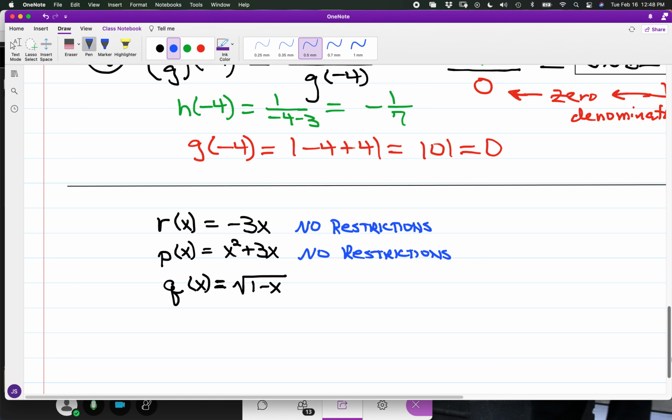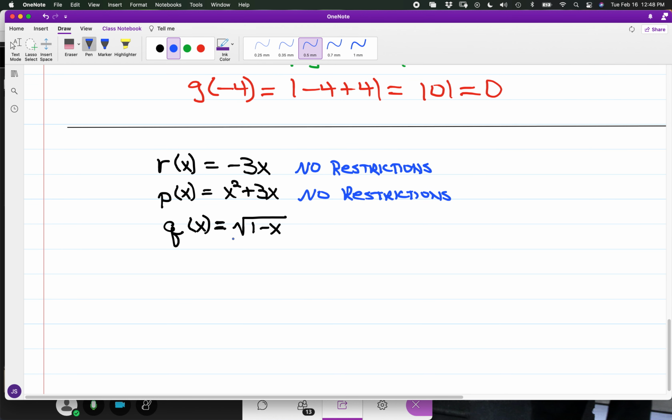However, in the case of q of x, we have a radical function in the form of a square root. Because we have a square root, 1 minus x cannot be negative.